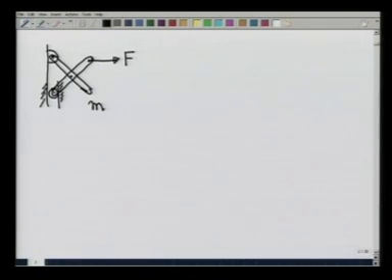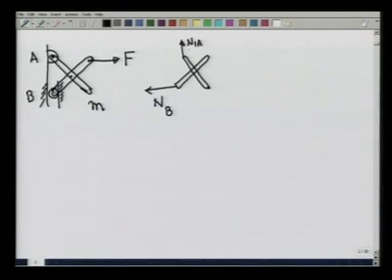If we want to calculate the force F, our strategy is we first look at this mechanism. On this point there can be only one force, let us call it NB. This is point B, this is point A. This is a pin joint, so there could be forces N1A and N2A.